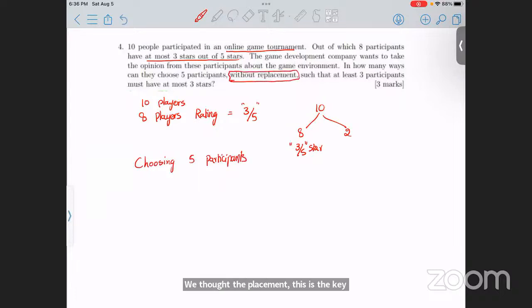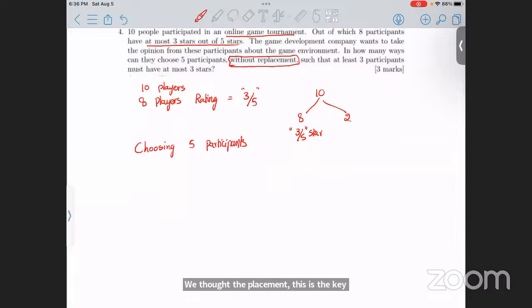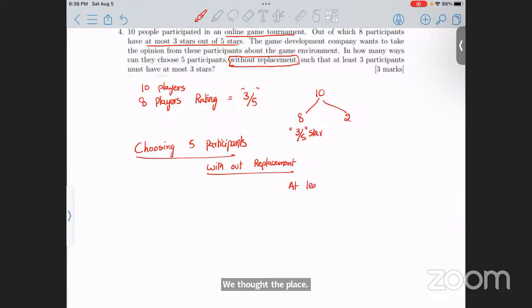Without replacement, such that at least 3 participants must have at most 3 stars.